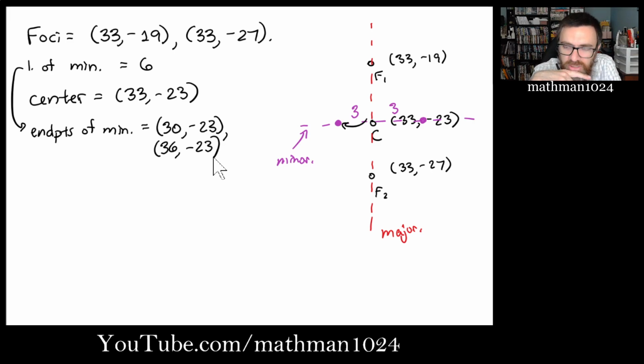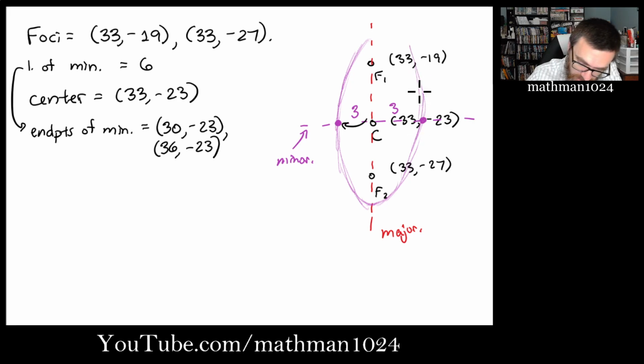All right, so this is good. We still need to find out what my vertices are, but we know that my ellipse is going to be shaped something like this. It may not be stretched out that much, but again, general idea just to help us move things along.